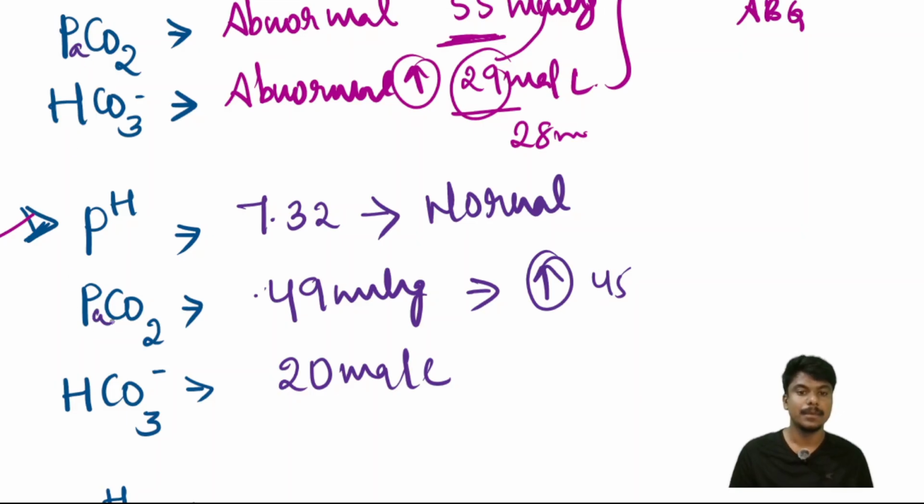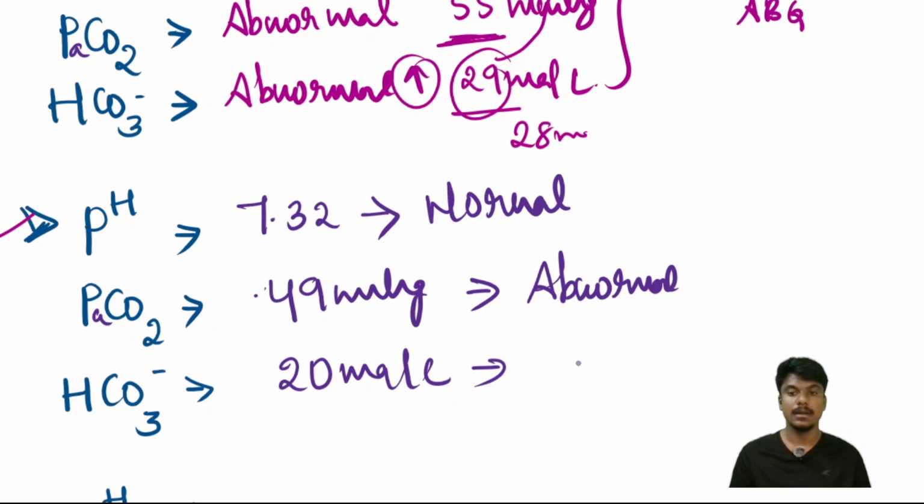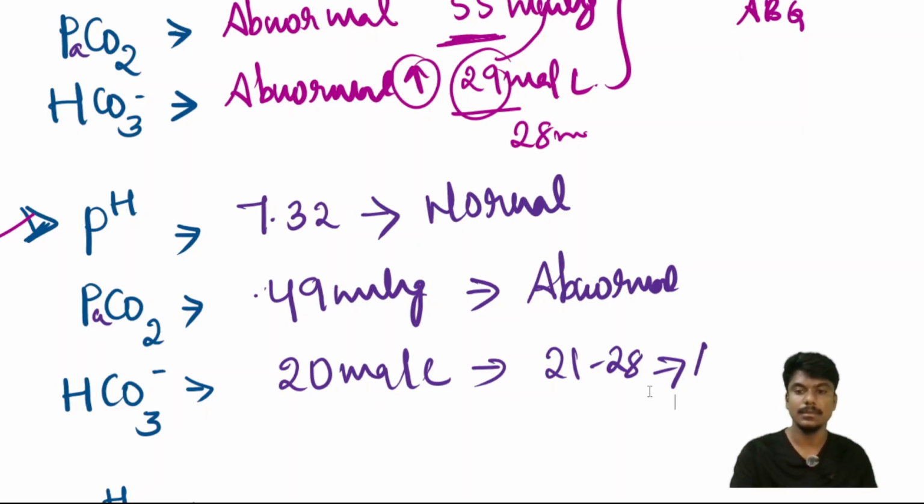And bicarbonate, I told you normal is 21 to 28, so this one is also abnormal. Your bicarbonate is also abnormal.